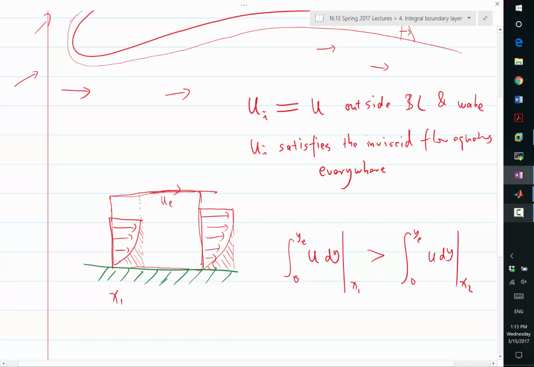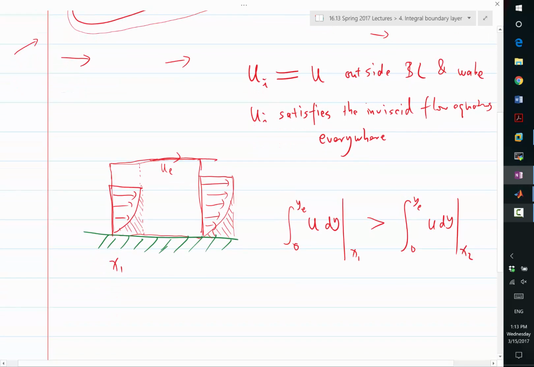It's greater. The reason is that this integral can be written as the integral of ue dy minus the integral of (ue minus u) dy. I'm just adding a ue, subtracting a ue.